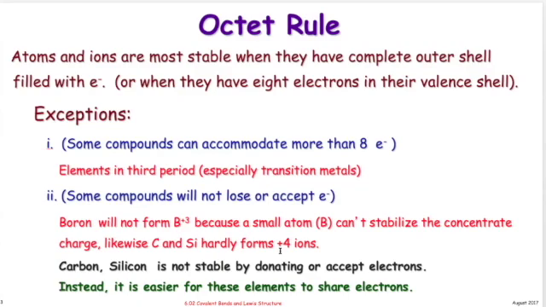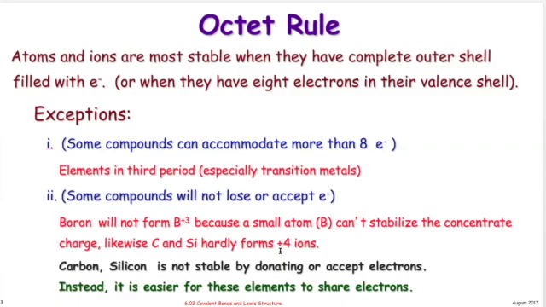Helium doesn't obey the octet rule. It's satisfied with 2. Remember that at most you can put 2 electrons in the first shell. So it obeys something called the duet rule, D-U-E-T. Because the outer shell is filled, it only wants 2.